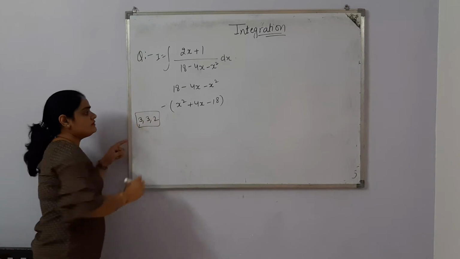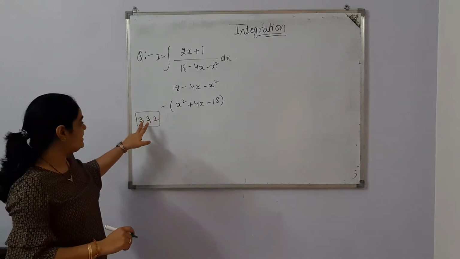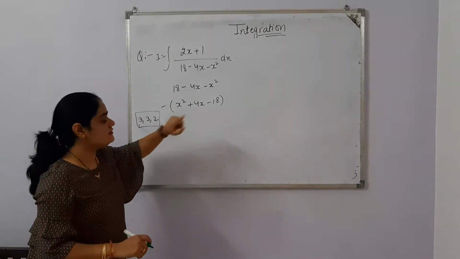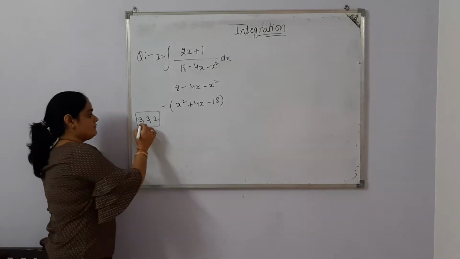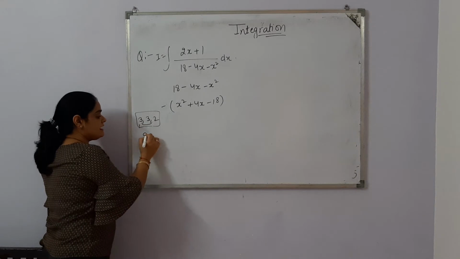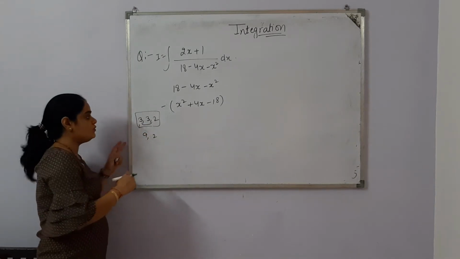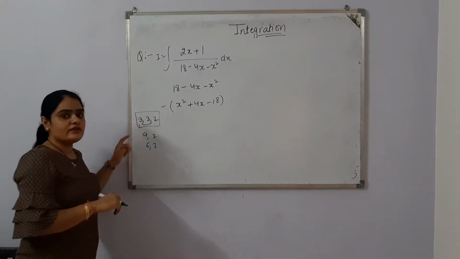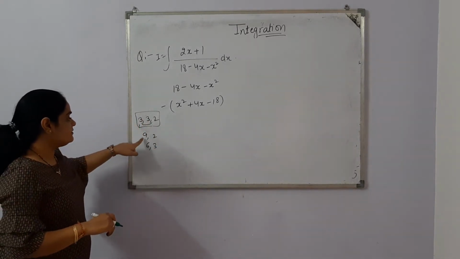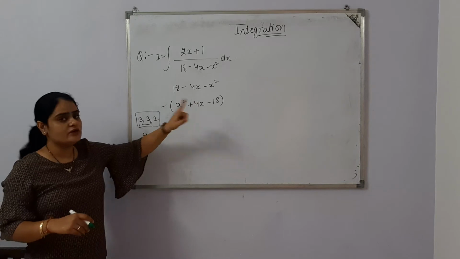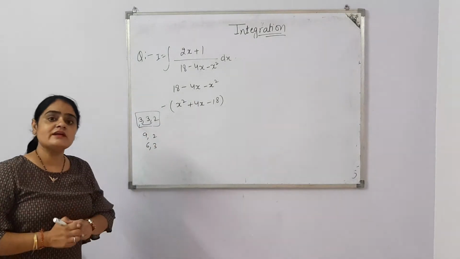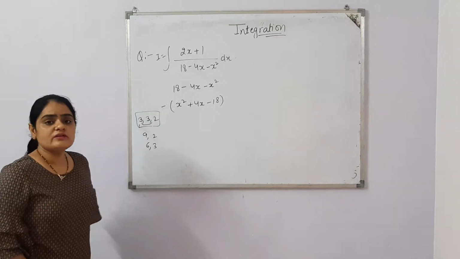We have to use these factors to make 2 factors from these 3 factors, and after addition or subtraction we just want 4. You can see 9 and 2, or another pair, 6 and 3. These 2 factors can come from these 3 factors, but after addition or subtraction we cannot get 4. So here the factors are not possible. If the factors are not possible, then we cannot apply partial fractions.